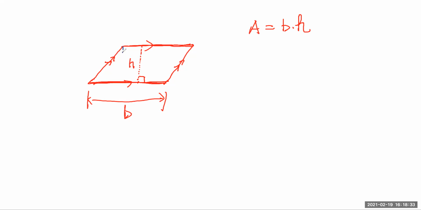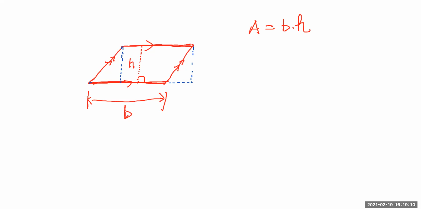If we cut like that, then take this piece and move it to the right-hand side, we get exactly a rectangle. The area of this rectangle is base times height. This only works for parallelograms.